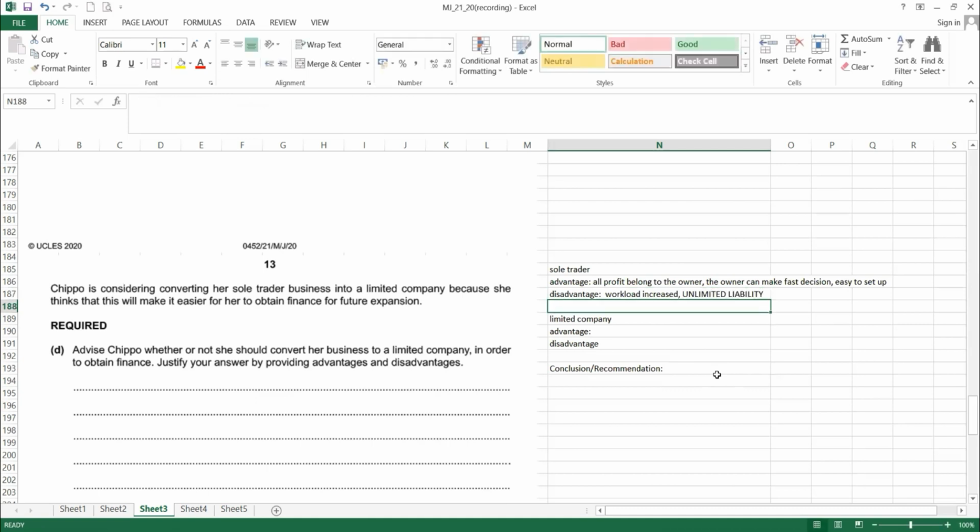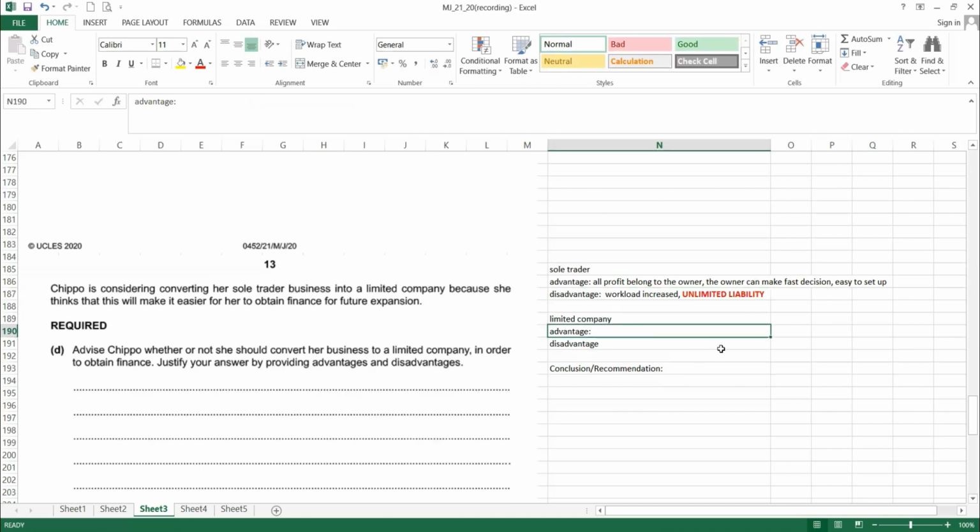That is the key thing. This is why most businesses, when they start to grow, starting from sole trader, tend to convert into a limited company because of the unlimited liability problem in the sole trader.